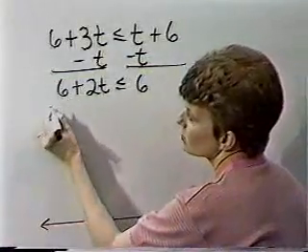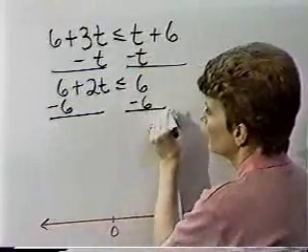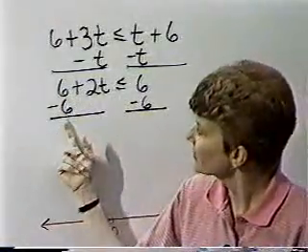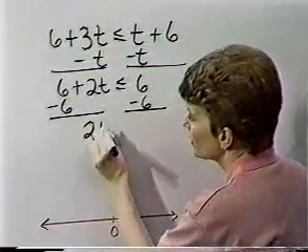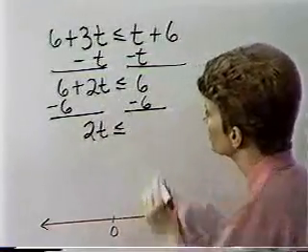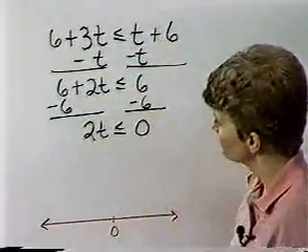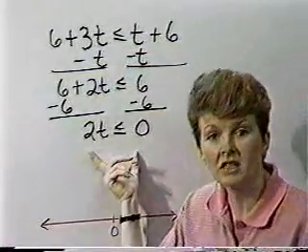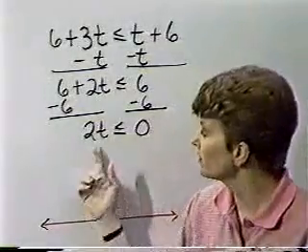Next, let's subtract 6 from both sides of our inequality. The left-hand side, I have 0 plus 2t, or 2t is less than or equal to 0, 6 minus 6, 0.